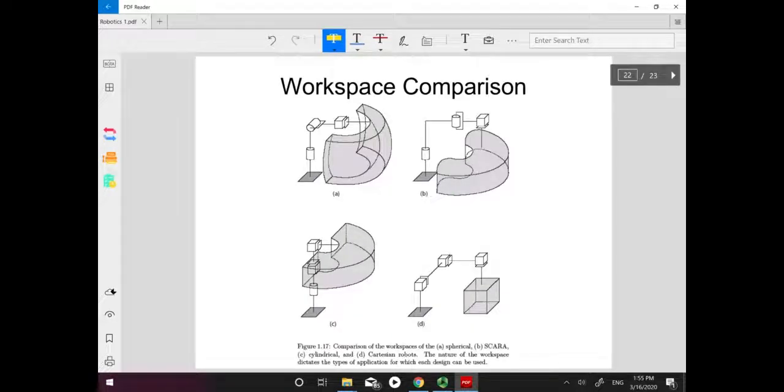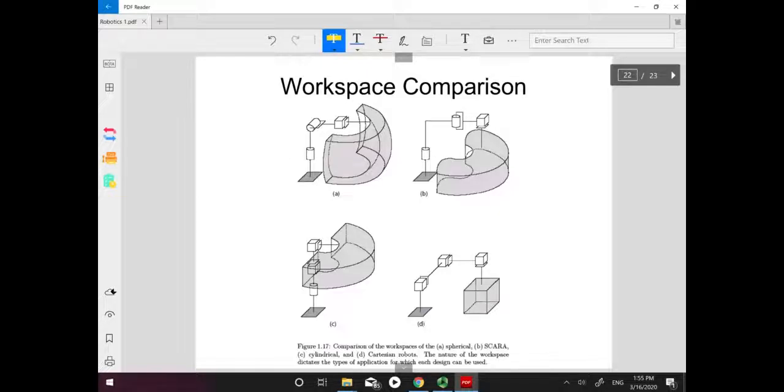So if we compare the workspace of different manipulators, we take a look at the first one. If we have this model, what is the manipulator of that? RRP, right? If we use RRP, this is going to be our workspace. Again, the workspace means the swept space that the robot can achieve.